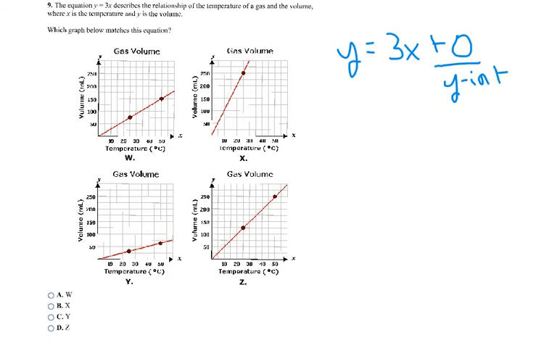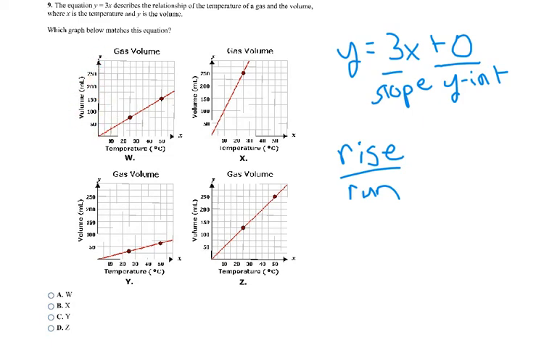And when I look at all of my answer choices, these all start at 0, so it doesn't help eliminate anything. So I'm going to have to look at the slope. And so the number in front of x is going to be my slope number. And I can find the slope by counting rise over run on each of these examples. And when I'm counting, though, I need to be mindful of the scale that they're using for each box.